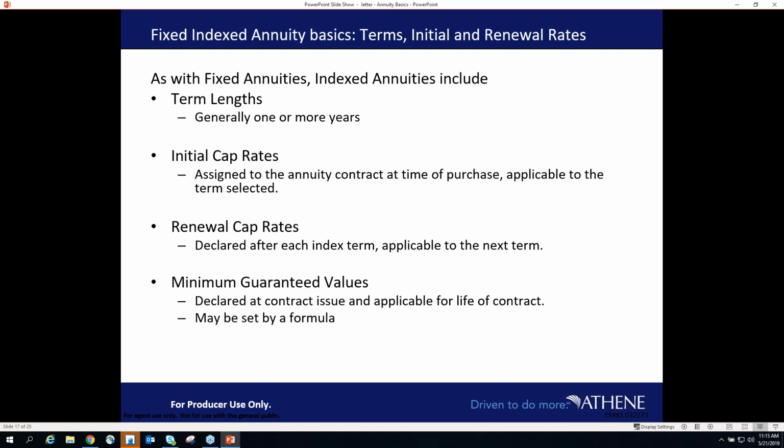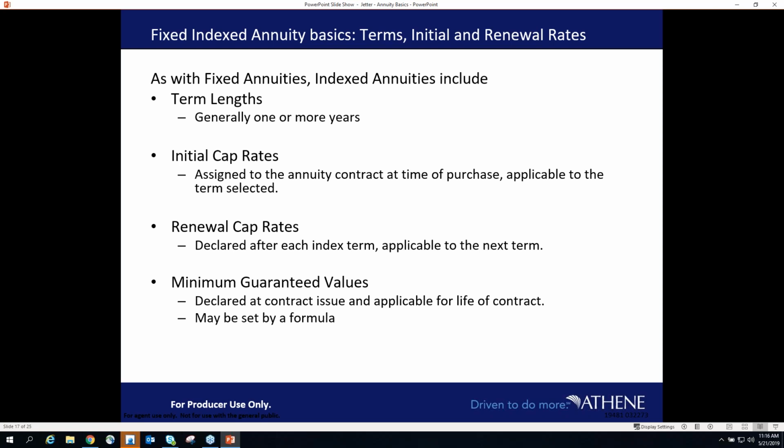So fixed indexed annuity basics, let's talk about a few terms. As with fixed annuities, indexed annuities include term lengths, generally 1 year or more. We generally see these from about 5 to 15 years. Initial cap rates are assigned to the annuity contract at the time of purchase, applicable to the term selected. Renewal cap rates are declared after each index term, applicable to the next term.